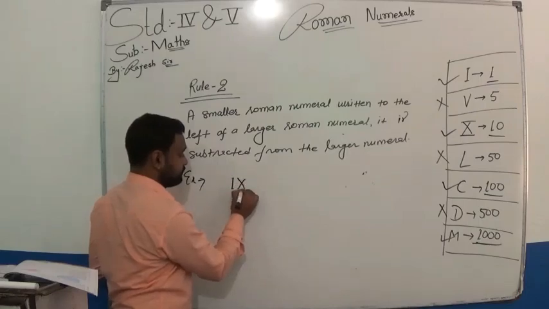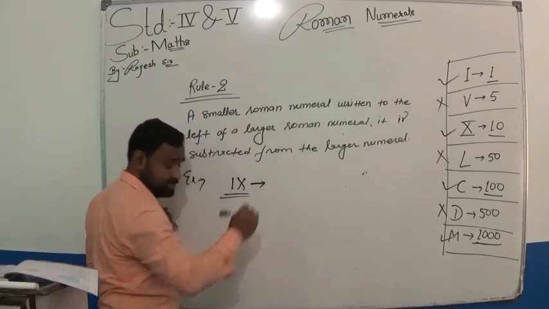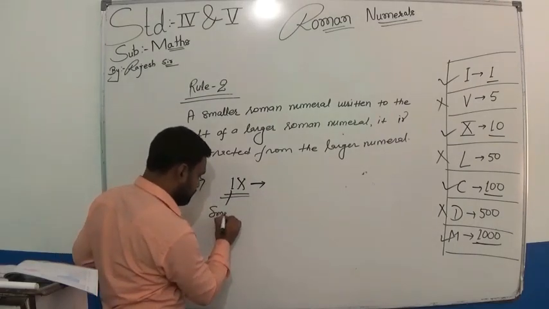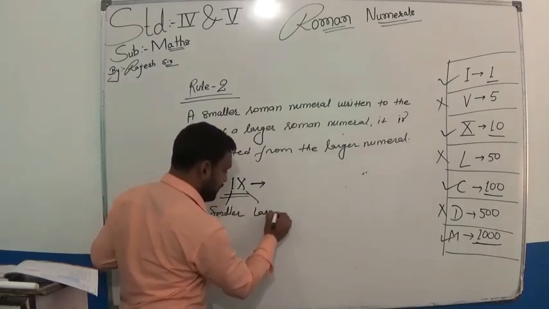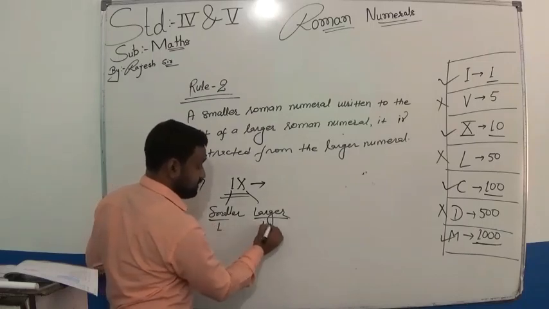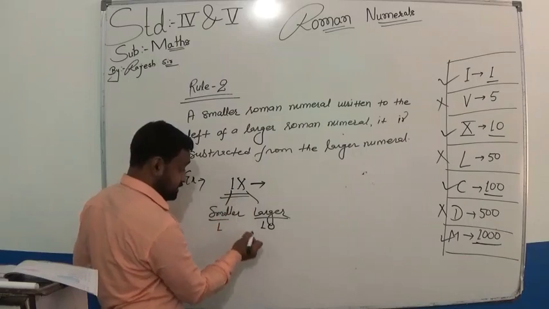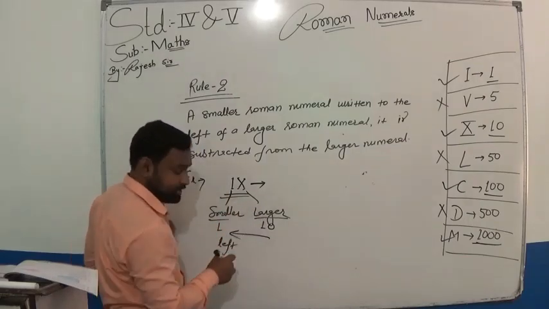Example, IX. What do we say this? IX. This is smaller and this is larger, because it is 1 and it is 10. A smaller numeral is written to the left of the larger.